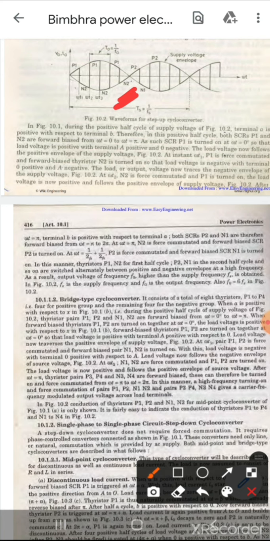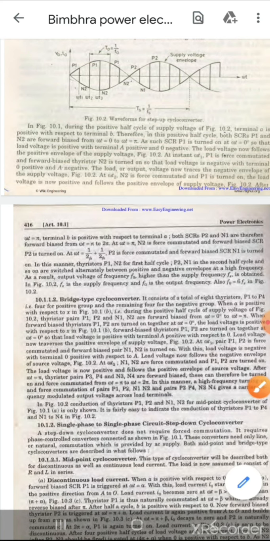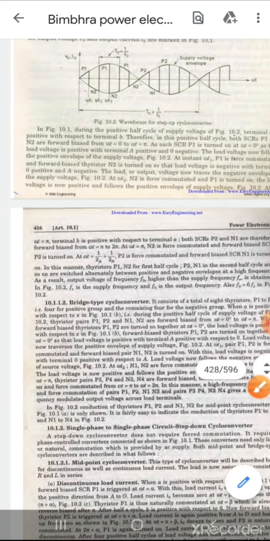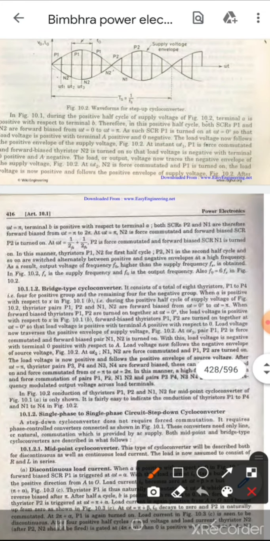P2 turn on means current flows in this path. Later, P2 is force commutated and forward biased SCR N1 is turned on.